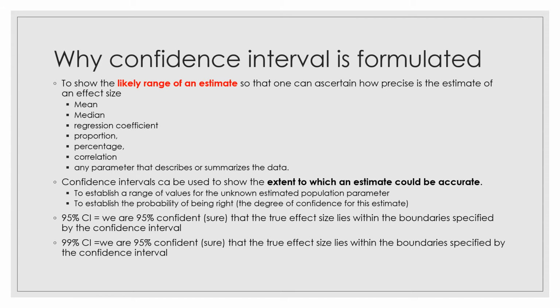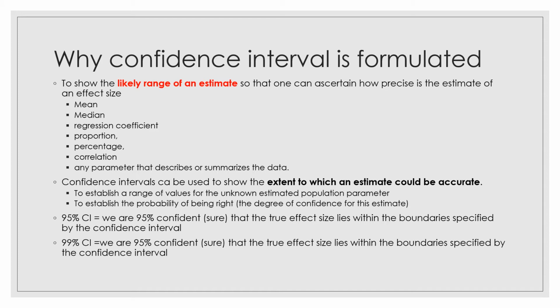the betas, the proportions, the percentages, the correlation coefficient, or any parameter that describes or summarizes the data. And confidence interval can be used to show the extent to which an estimate could be accurate.